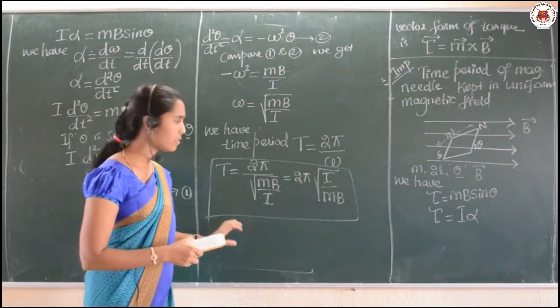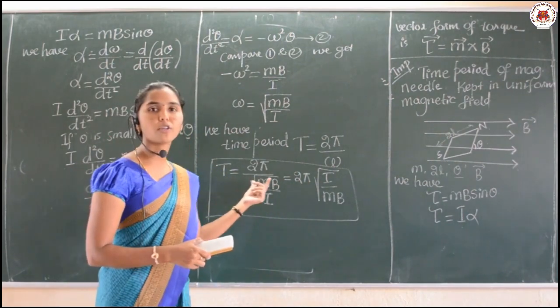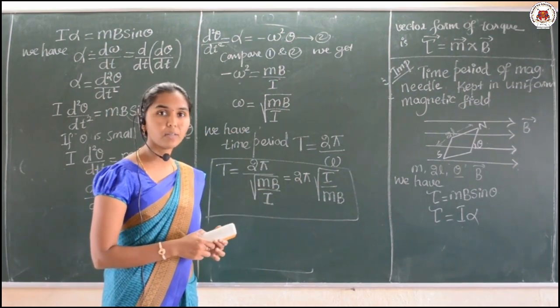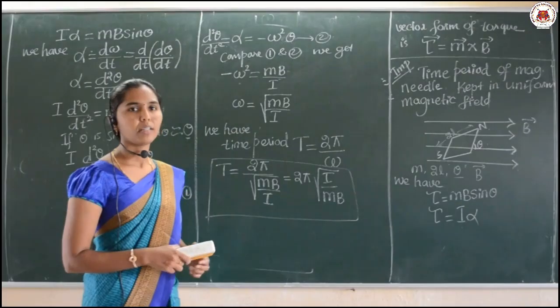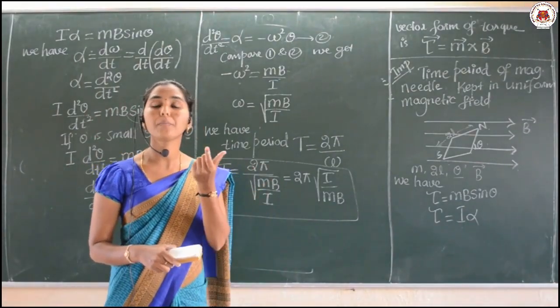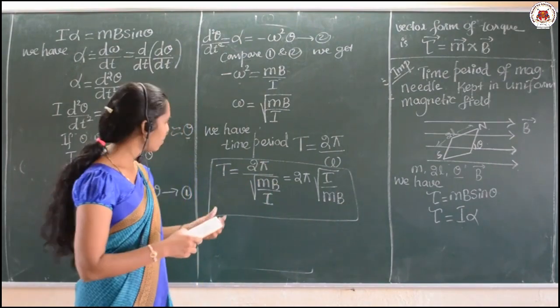Clear? Yes, and see here, a question will come: write the expression of the time period of the magnetic needle in a uniform magnetic field. Then what is that formula?